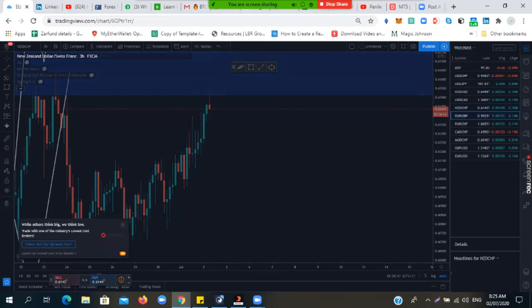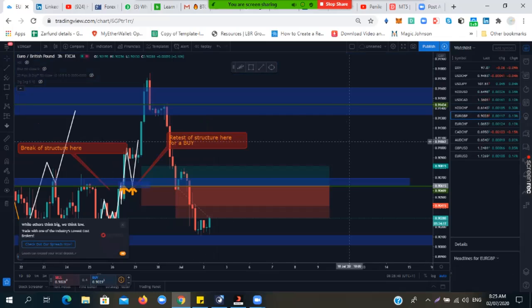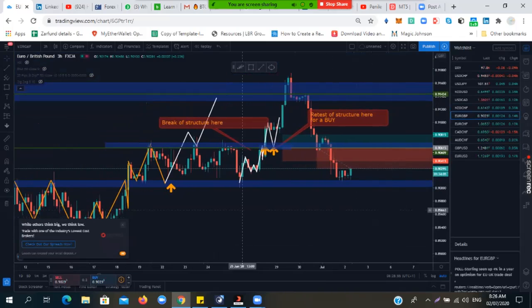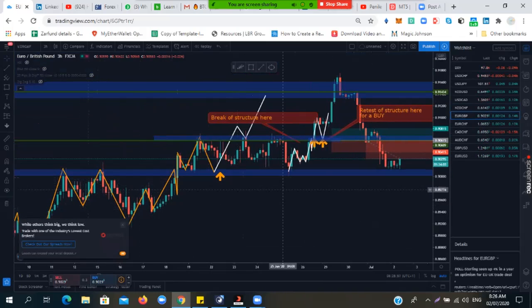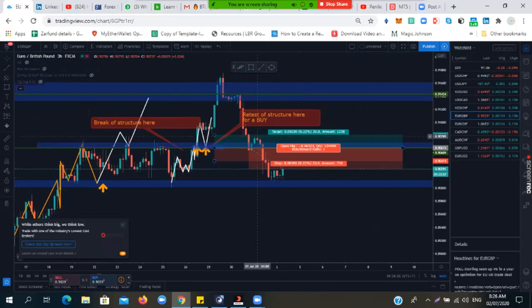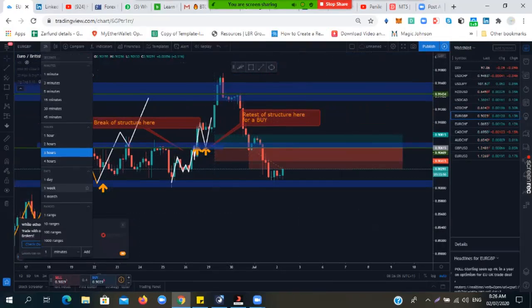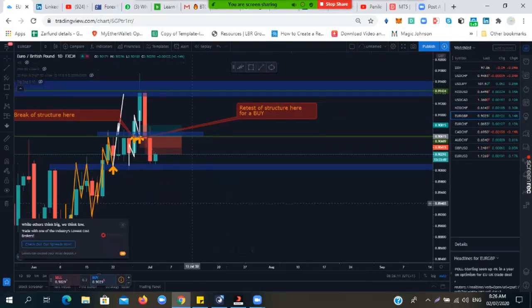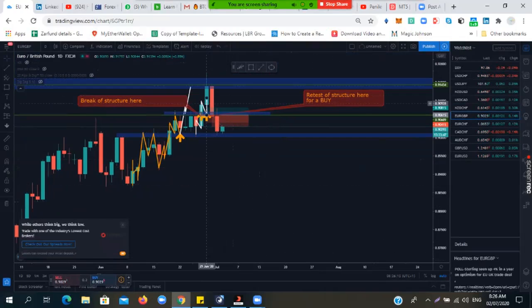And for EUR GBP, we are seeing some kind of a bar here. This is a previous structure, guys. It was hit this morning, and then it seems like it's buying from here, but we'll need to confirm. On the daily chart, what we can see is a very huge engulfing candle.